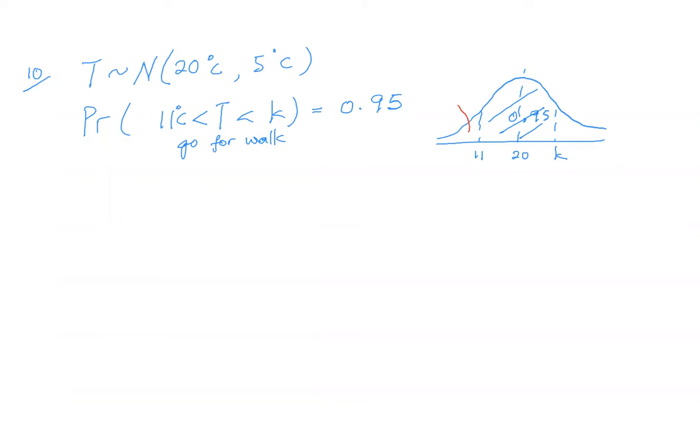Yes, we can get it by finding the probability of T less than 11. Can you go to your calculator and find the probability? You're supposed to use normal CDF. Can you get the answer?